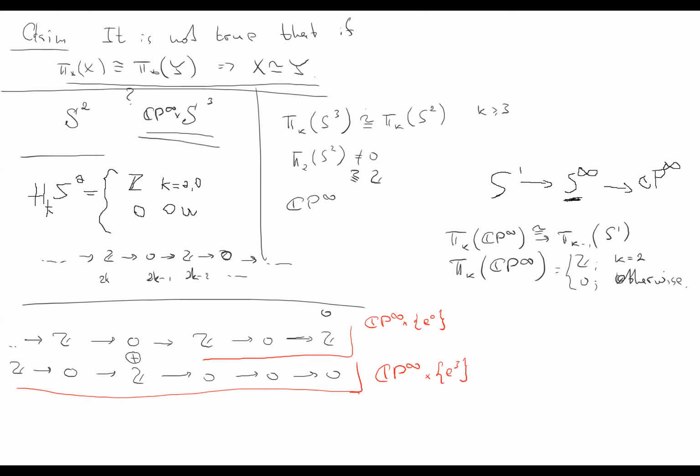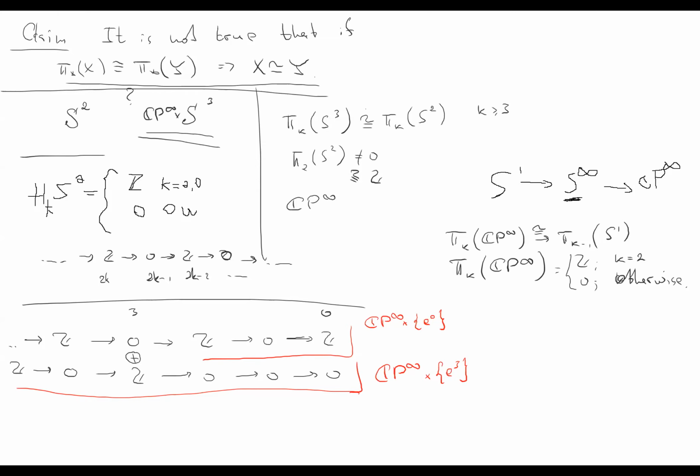It starts in dimension 3, and it looks like the chain complex of CP infinity, just with shifted dimension.